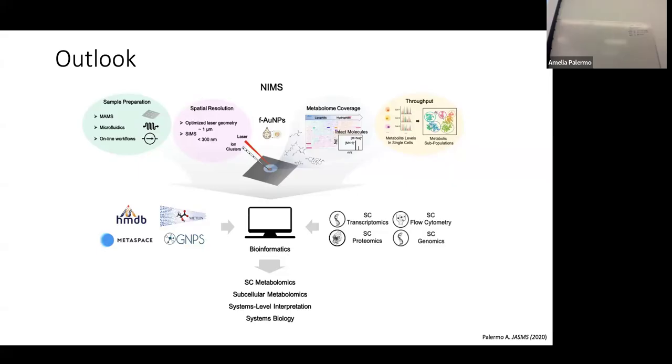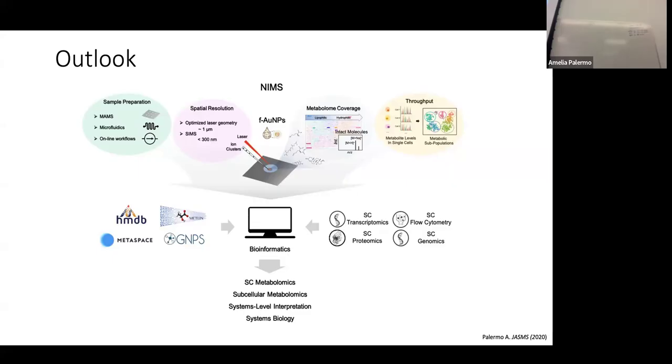But also single cell proteomics is a very vibrant field. There is spatial resolution proteomics, but also more single cell targeted proteomics.